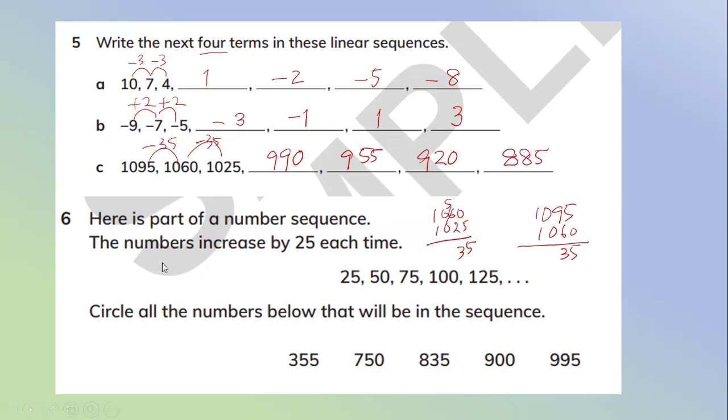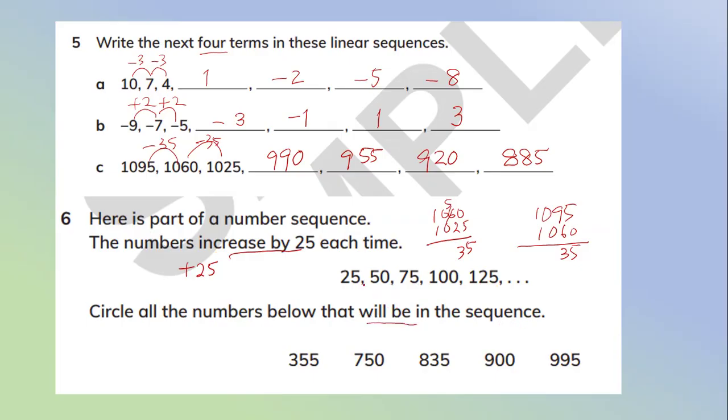Number 6. Here is part of a number sequence. The numbers increase by 25 each time: 25, 50, 75, 100, and 125. Circle all the numbers below that will be in the sequence.